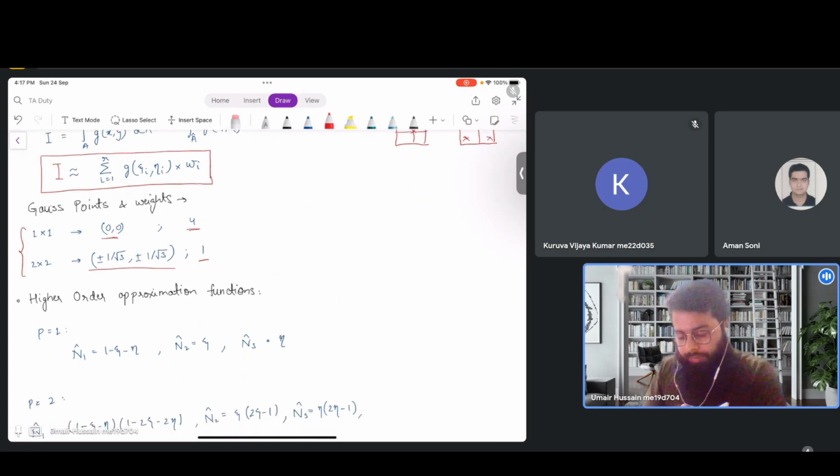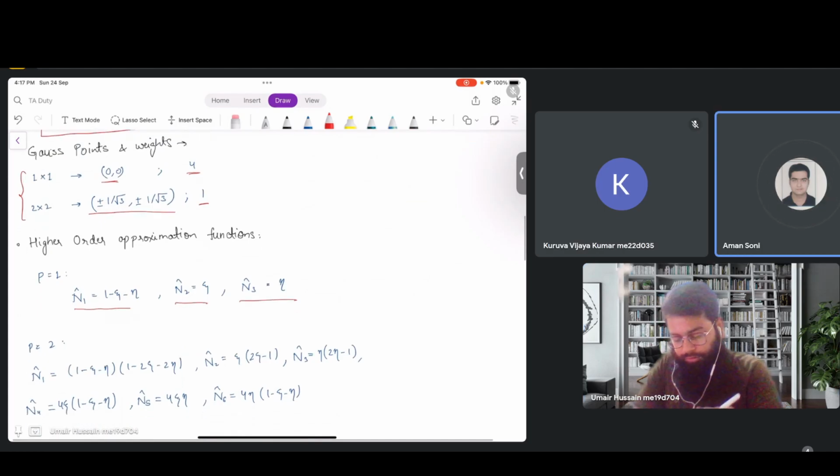Until now we only discussed linear approximation functions for triangular elements, which were these. I think last time we also discussed that if we have some random triangle, we can derive the linear approximation function for that also.